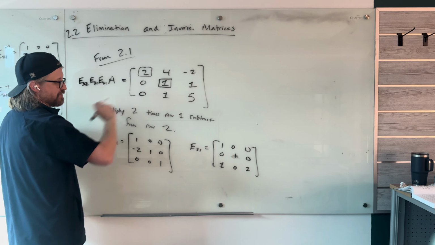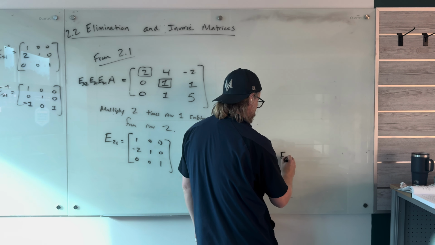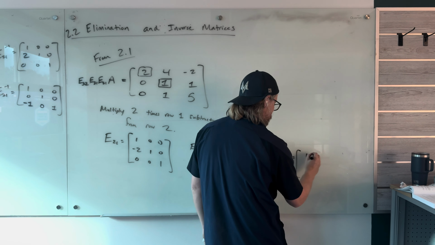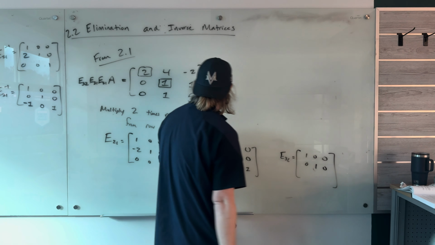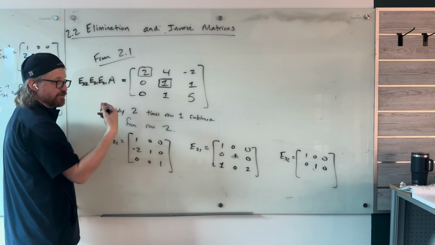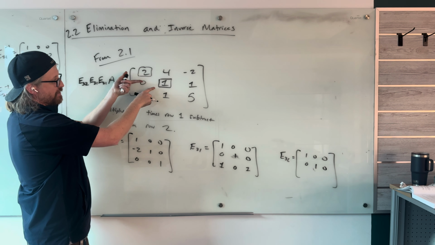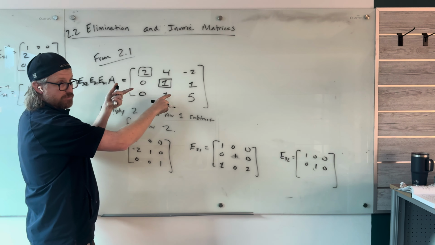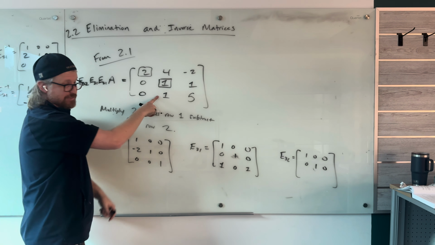So we want to eliminate this. For E32, 1, 0, 0, 0, 1, 0. Notice very similar to beforehand. Now I want to multiply row 2 by 1 and subtract it from row 3.